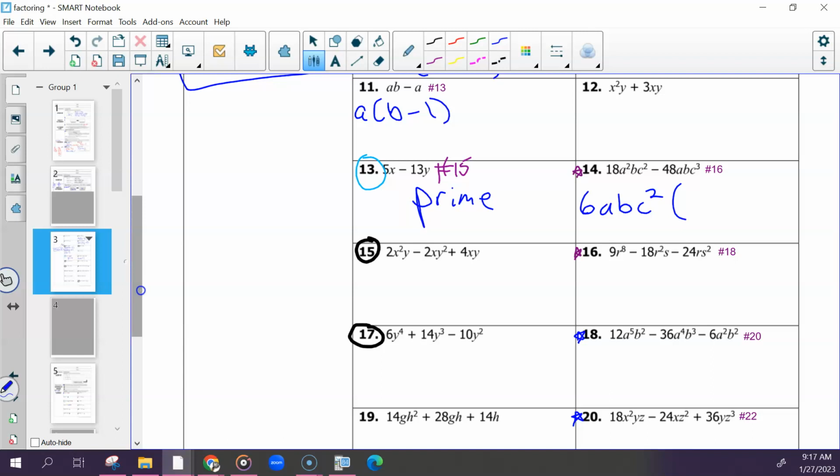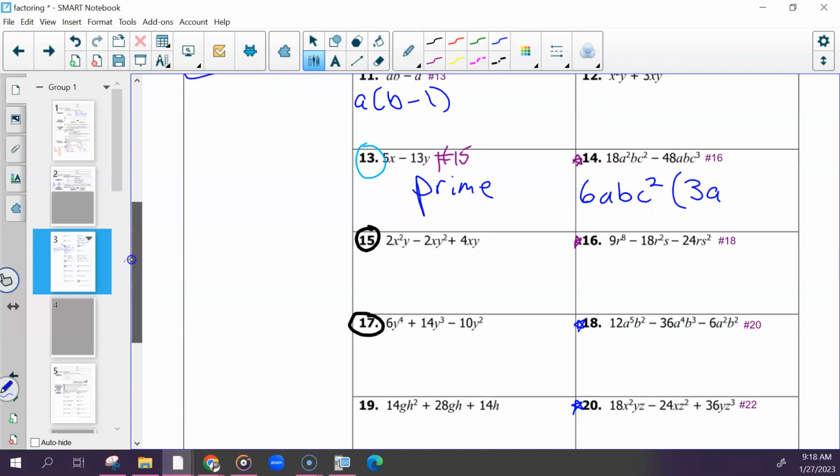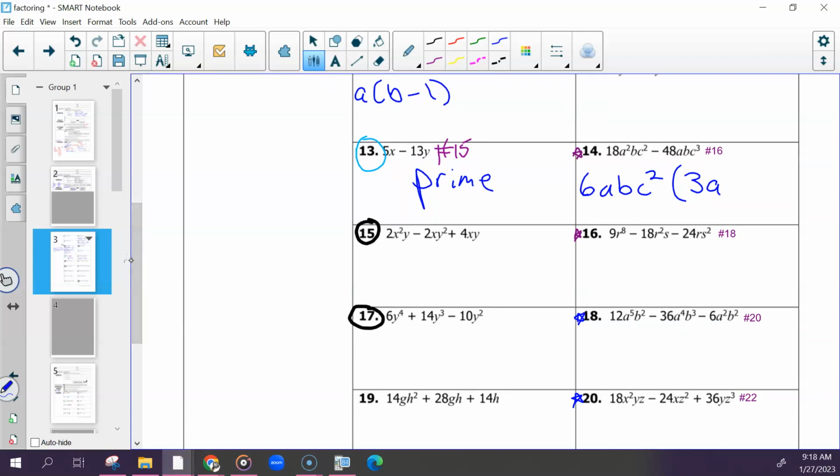Start with the number. Hold on. Yes. And this is its most factored form because the 3 and the 8 don't have anything in common.